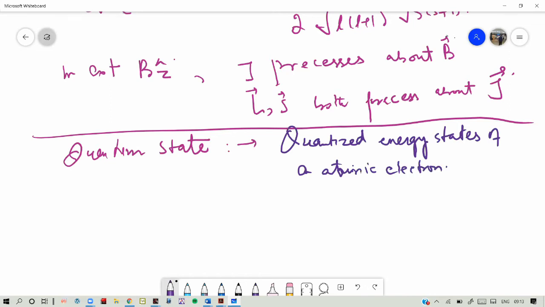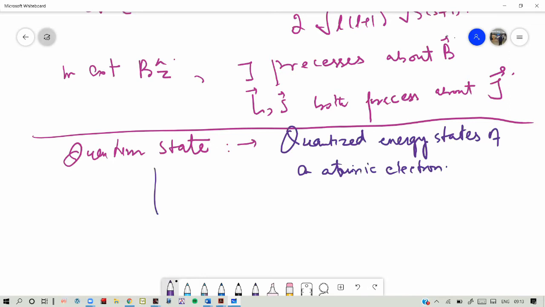That means quantized energy. Quantized means that when we denote the electron in a particular energy level by the quantum numbers, we use four quantum numbers to describe its position, then it becomes its quantum state.